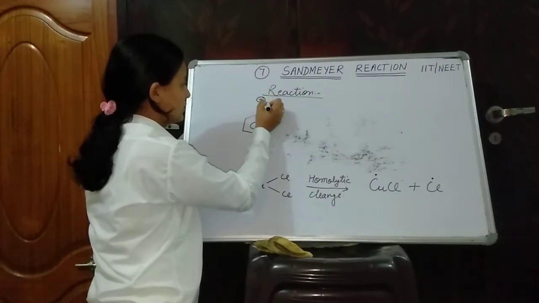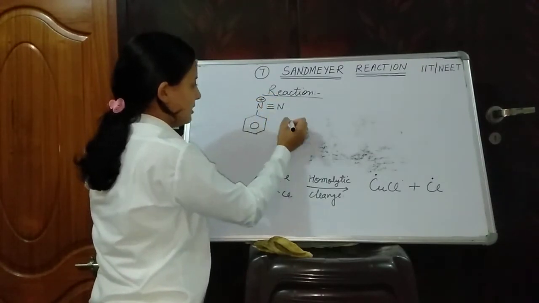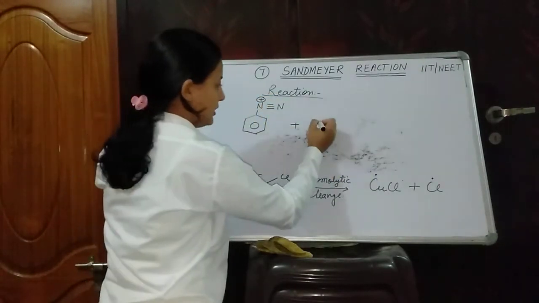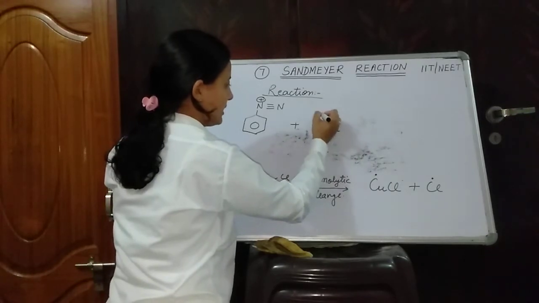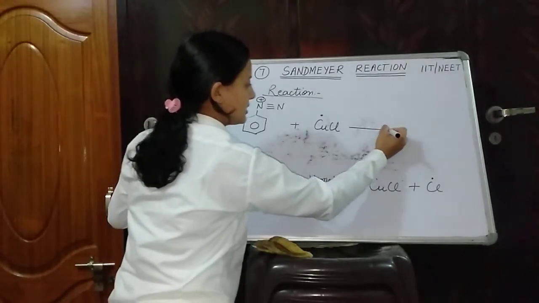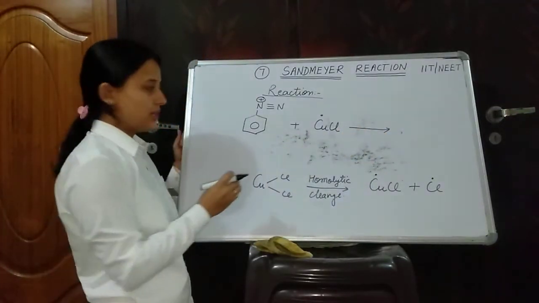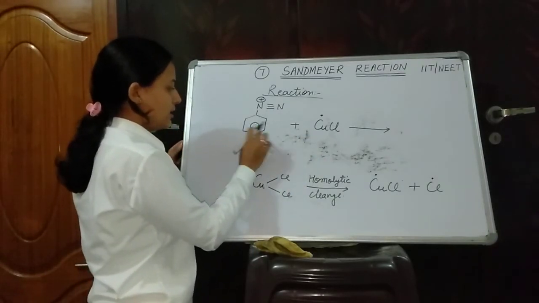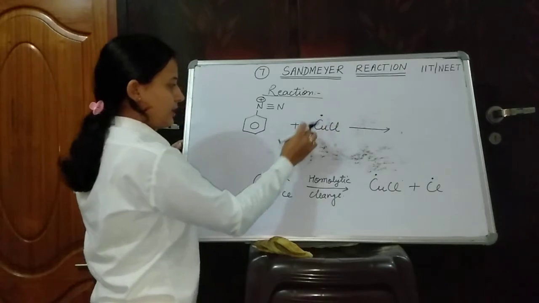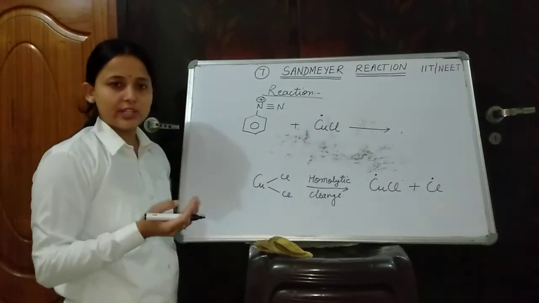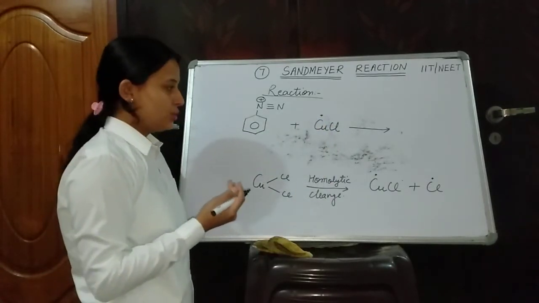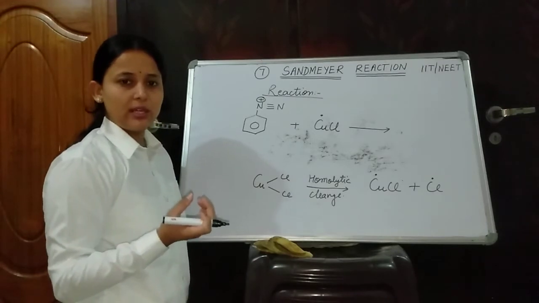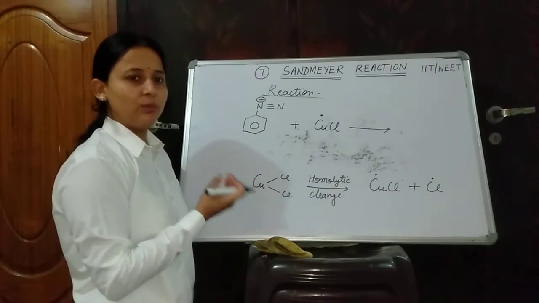This is N positive triple bond N plus this CuCl free radical. This is a very interesting step and you have to be concerned about this step. This is your benzene diazonium salt and this is the CuCl free radical. In organic reactions, I am telling you, you have to check the nucleophilicity and electrophilicity of the molecule.